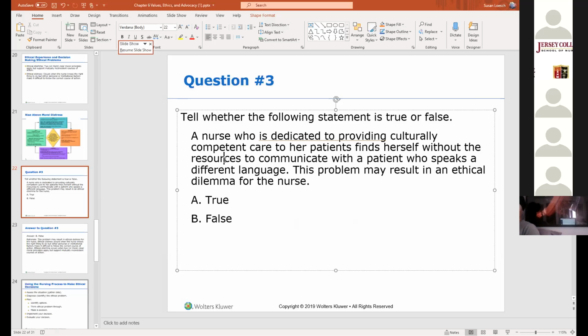With the other one, the ethical dilemma, remember that both choices could be right, but they're inconsistent with each other. Like I said, in the abortion situation, the choice could be to have the baby or not have the baby. That was her dilemma because of the beliefs that she has.